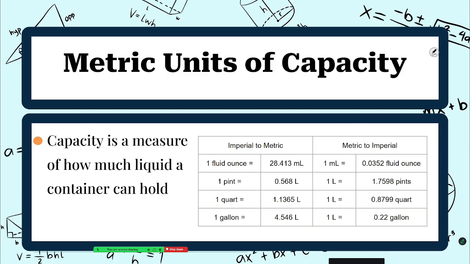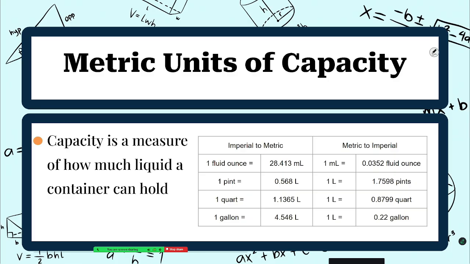So if you need to convert from imperial to metric, 1 fluid ounce is equal to 28.413 milliliters. One pint is equal to 0.568 liters. A quart is 1.1365 liters.